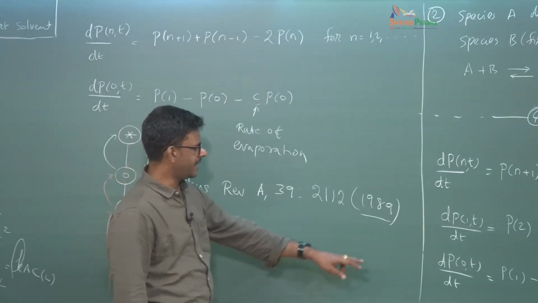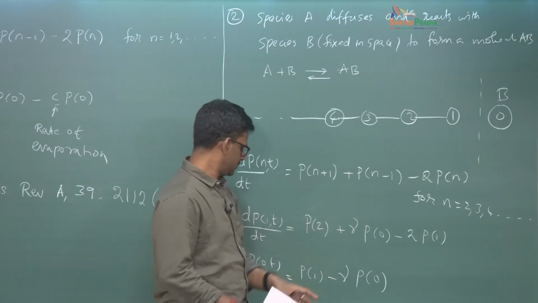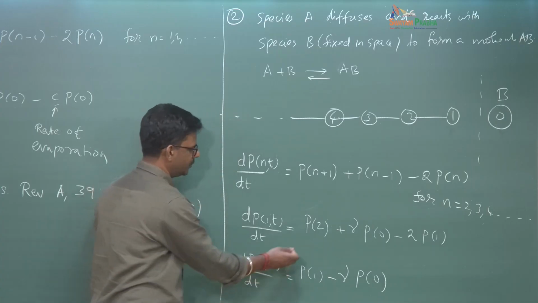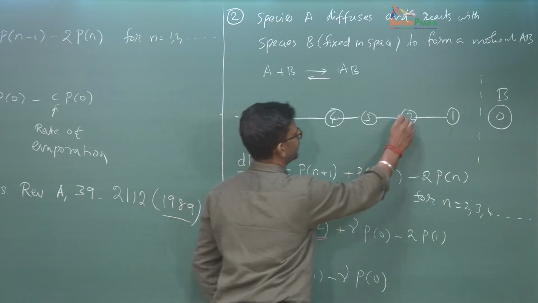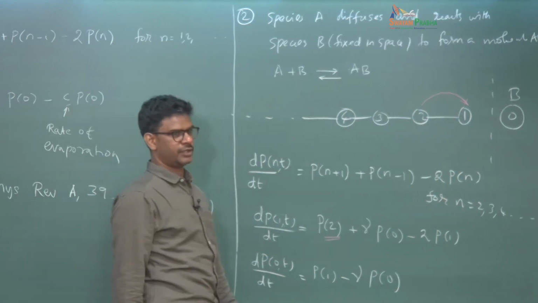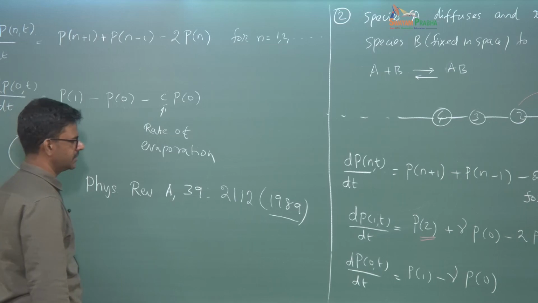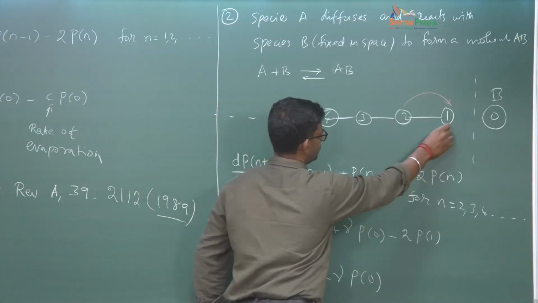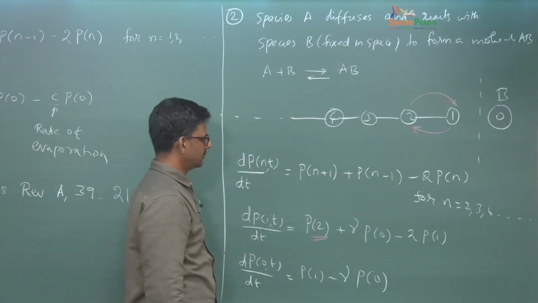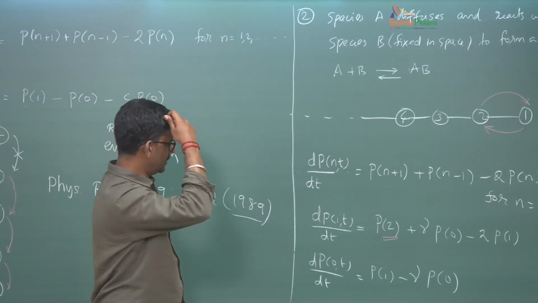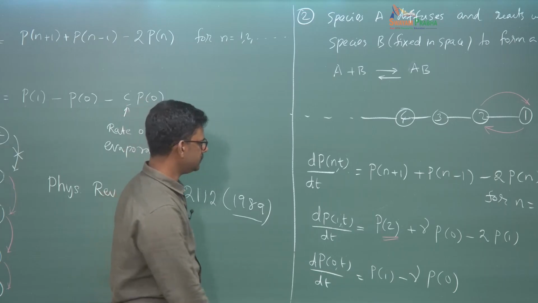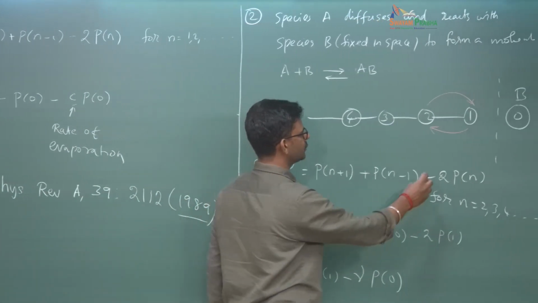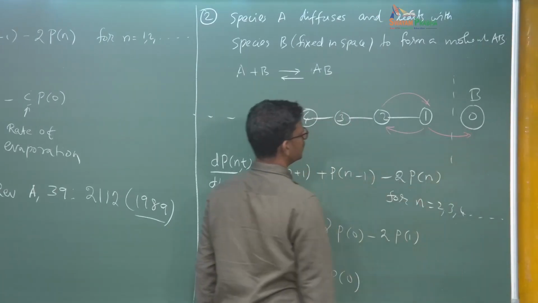For site 1, what happens is this term that you see here is basically a random walk jumping from state 2 to 1, that gets created. Then this state can actually jump back, and that is one of these minus signs, and then it can also jump here.